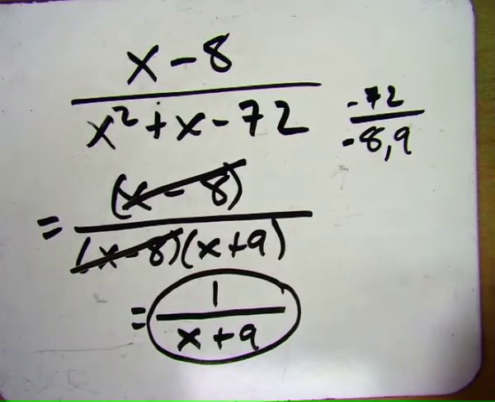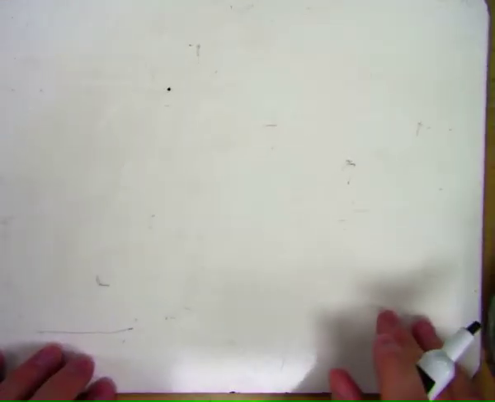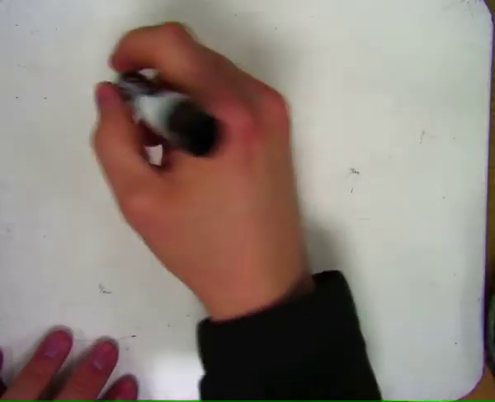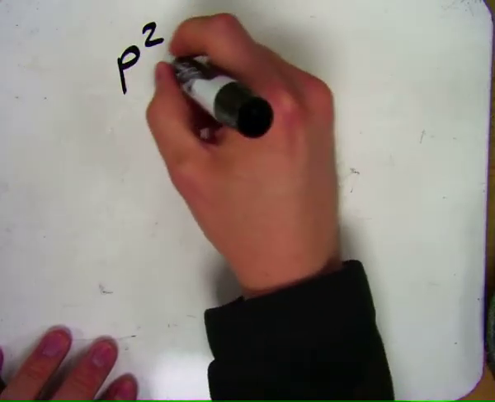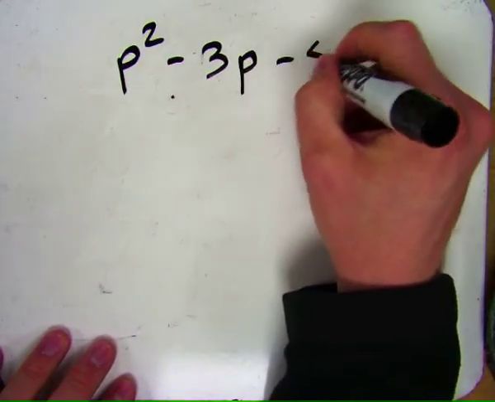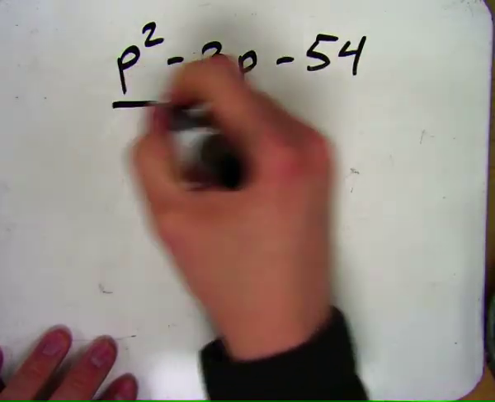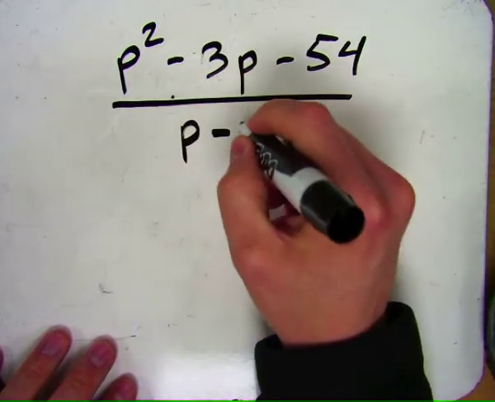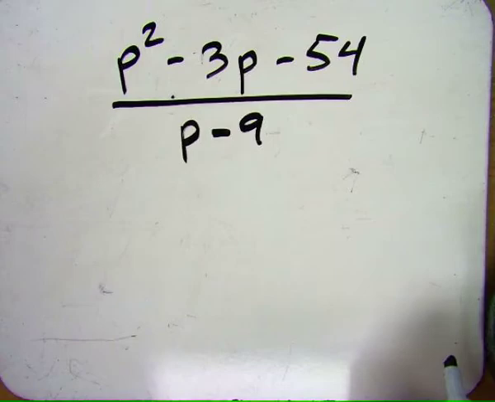That would be my final answer. So let me give you guys one you could try before you actually get to your work. Okay, so pause the movie and try this one out.